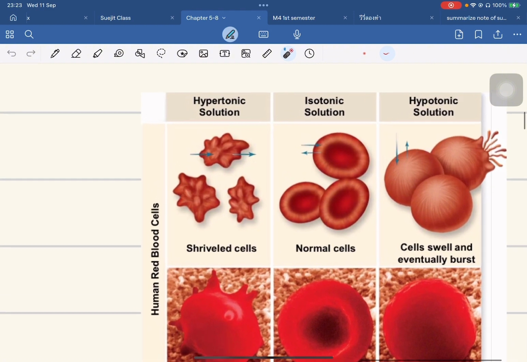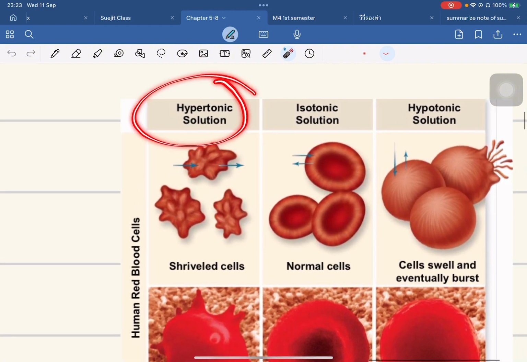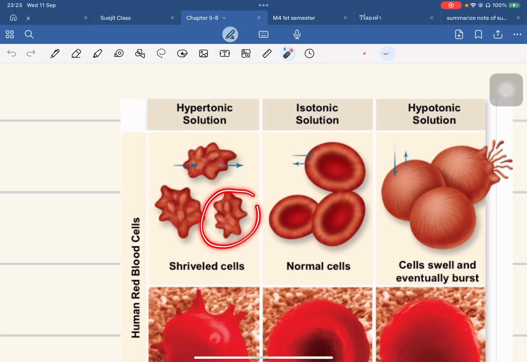We can look at this one. The hypertonic is the one that shrinks, I think, because the water is leaving the cells.